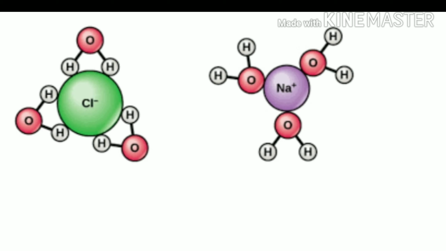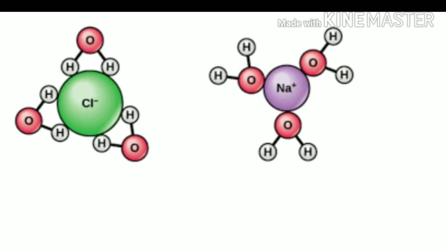That is why the H atoms of the water are attracted to it. If you look at the next diagram, Na is plus, sodium is plus. That is why the electronegative oxygen is attracted to Na. Here there are strong ion-dipole interactions of Na and Cl, which facilitate the hydrogen bonding between them. So this is one example that is mentioned here.